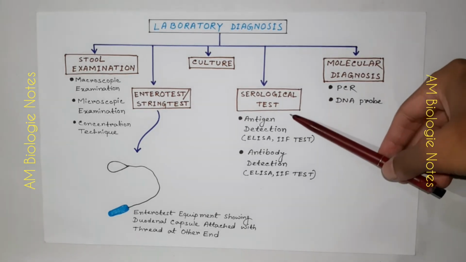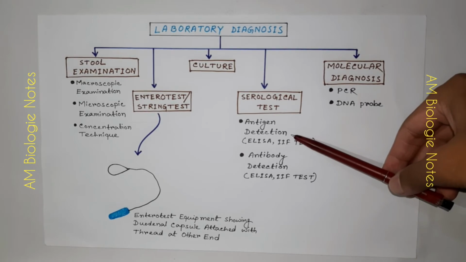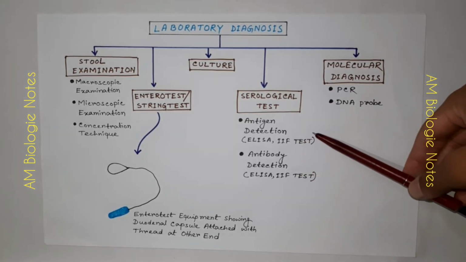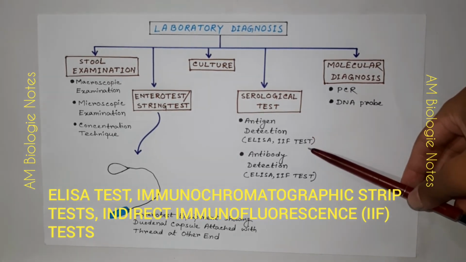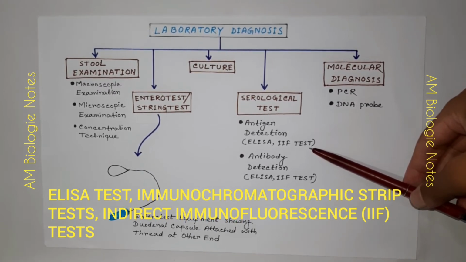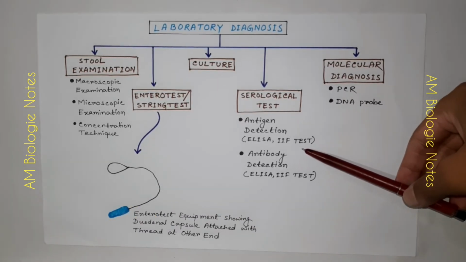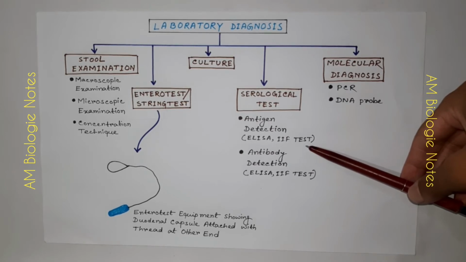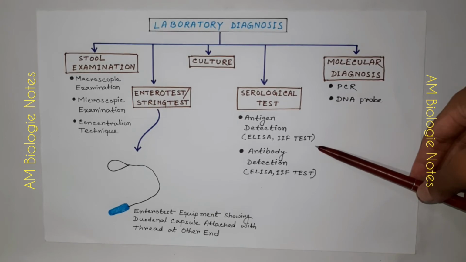Serological test. Serological tests are done by two methods: antigen detection and antibody detection. Antigen detection. Enzyme linked immunosorbent assay, immunochromatographic strip tests, and indirect immunofluorescence tests are available using monoclonal antibodies against cyst wall protein antigens. The presence of antigen indicates active infection.